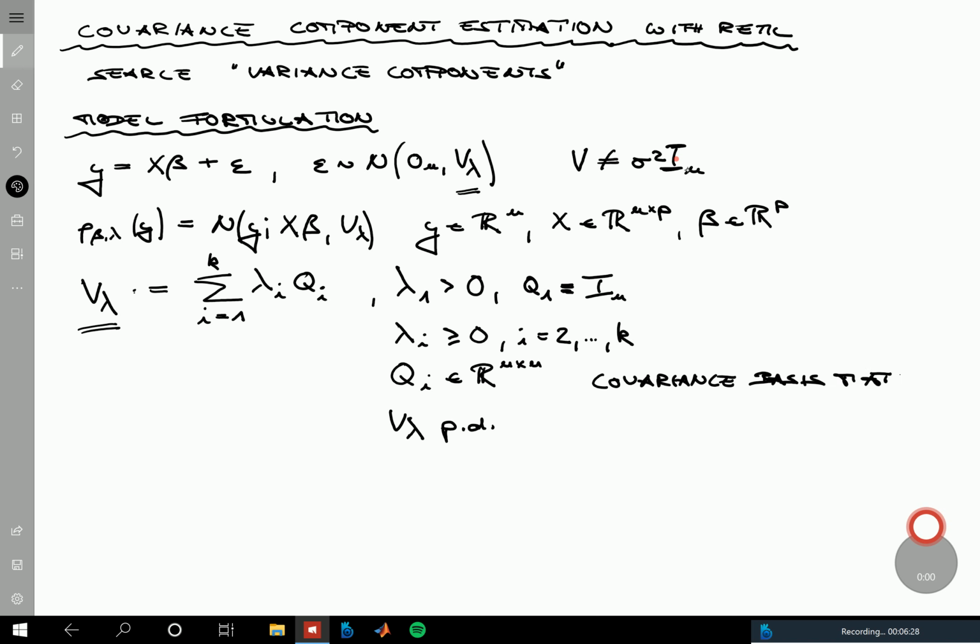So each Q i is one matrix, and the lambdas are covariance component parameters.